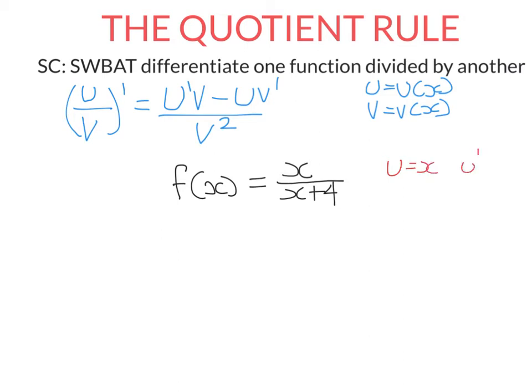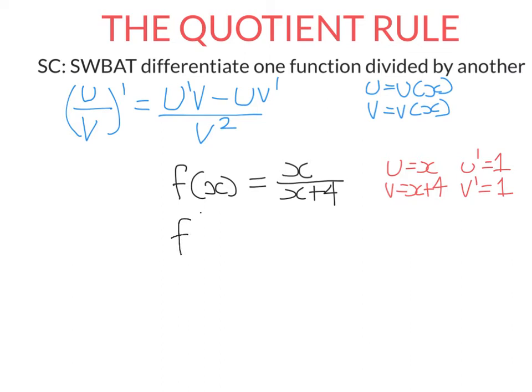So u dash, the derivative of x, is just 1. And then v is the thing on the bottom, and v dash is just the derivative of x plus 4, which is also 1. So just note, u dash here means du dx, and v dash means dv dx. Okay, so now we've got all we need to put it into the formula.